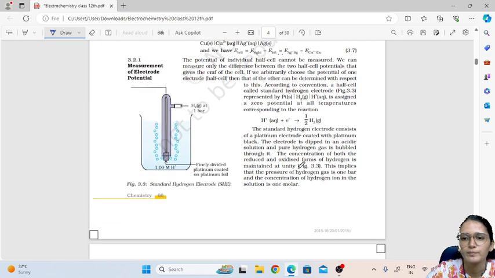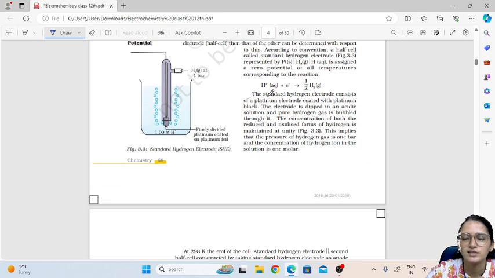Here H plus ion gains electron to form H2 molecule. So this SHE, the standard hydrogen electrode, consists of a platinum electrode dipped in acidic solution, and pure hydrogen gas is bubbled.